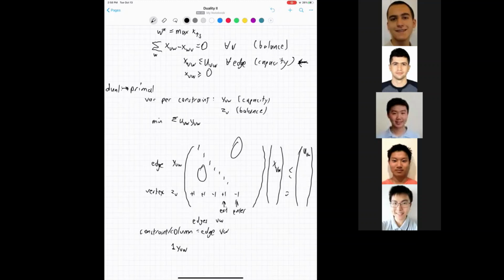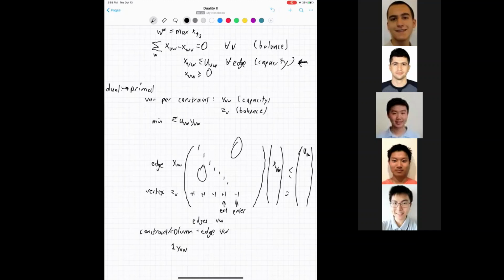In the rows corresponding to the variables ZV and ZW? Exactly. So we got +1s and -1s on vertex V at the edges that enter and exit V. Conversely, if we look at a particular edge, it's going to have +1s and -1s at the vertex it enters and the vertex that it exits.